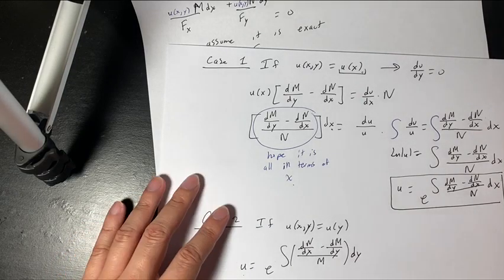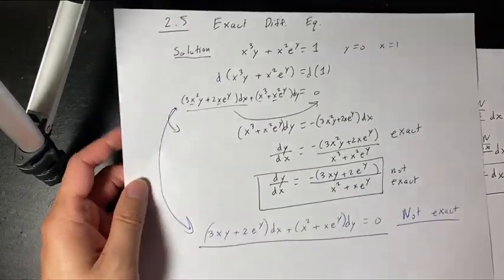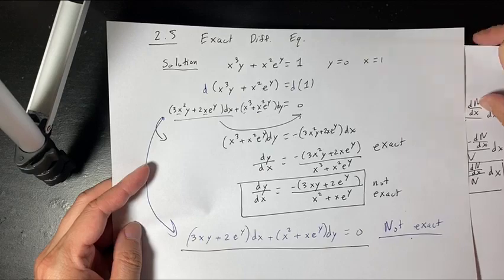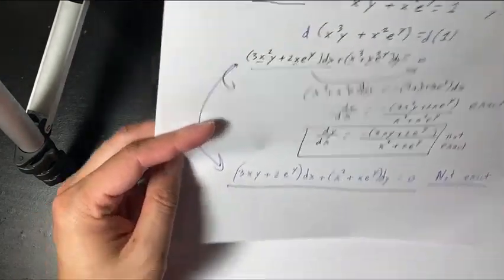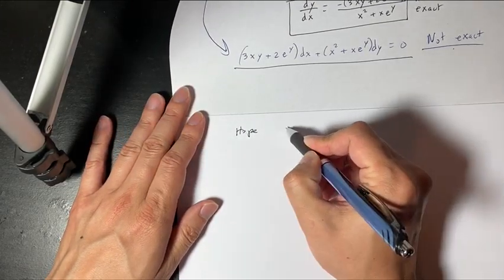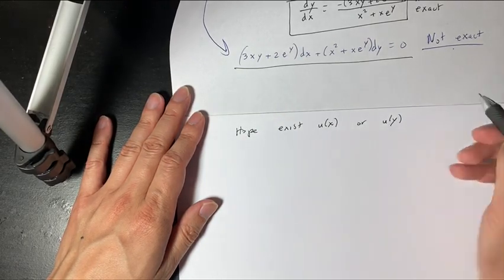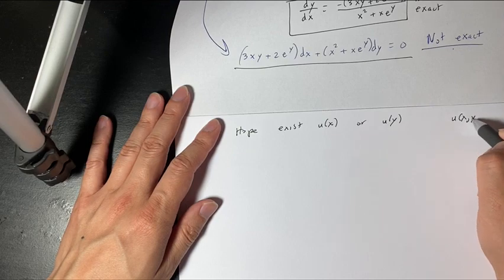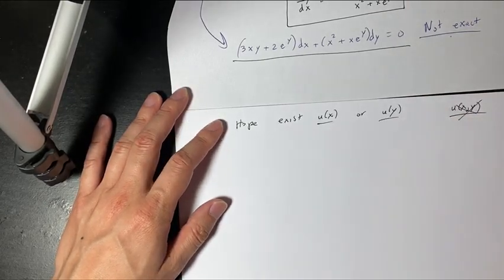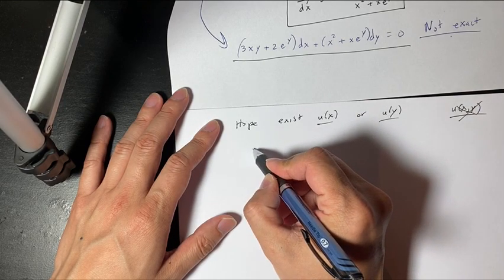Okay. All right. So let's go back to this problem and try to start with this, which is not exact, and retrieve back that x that we canceled out. So it's not exact, but you hope there exists a u of x or a u of y. You don't hope that it's both in terms of x and y, or else it's really hard, right? Okay, so how do we figure out if it's either u of x or u of y? You check the condition of both.